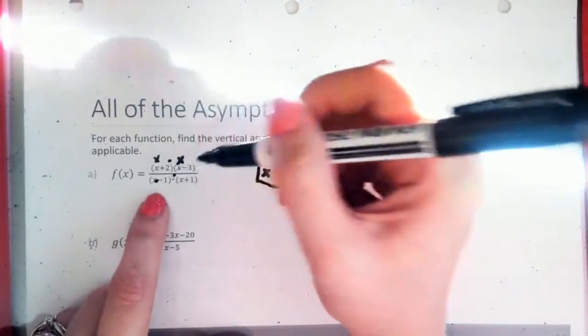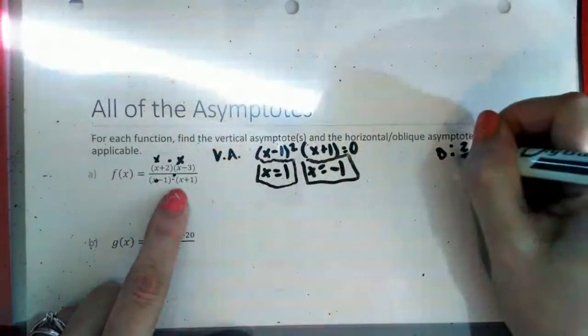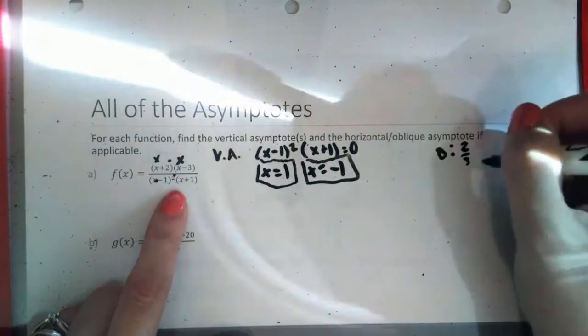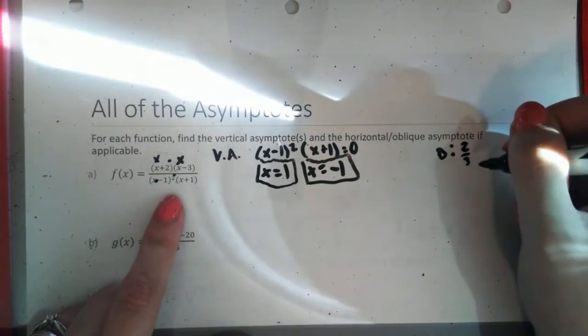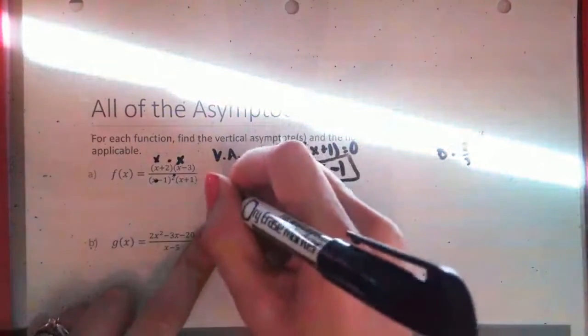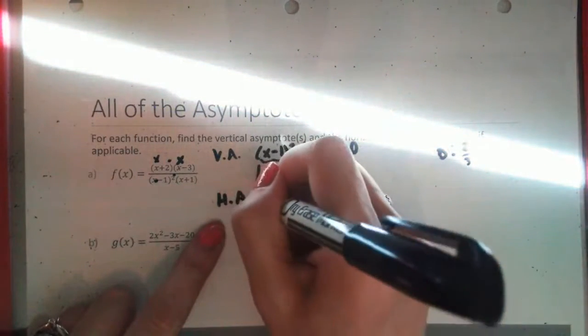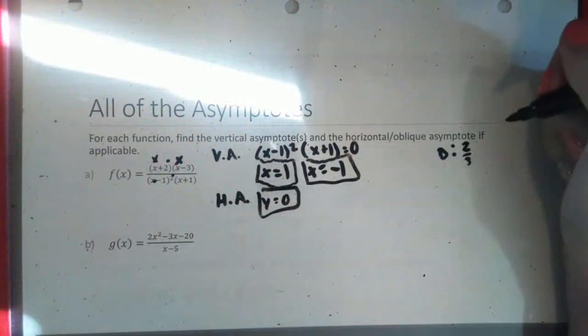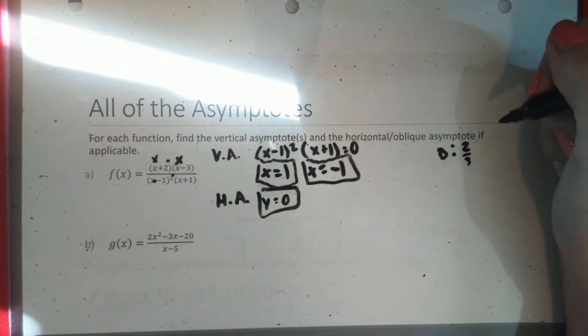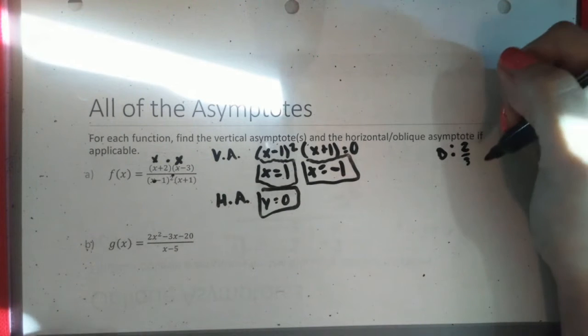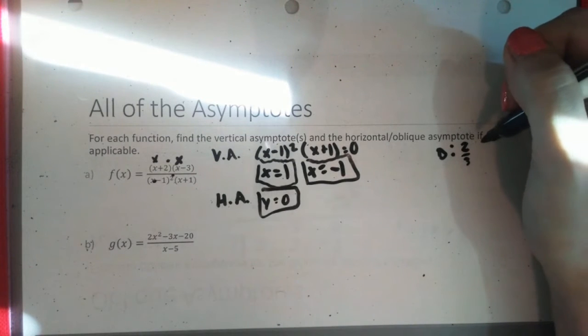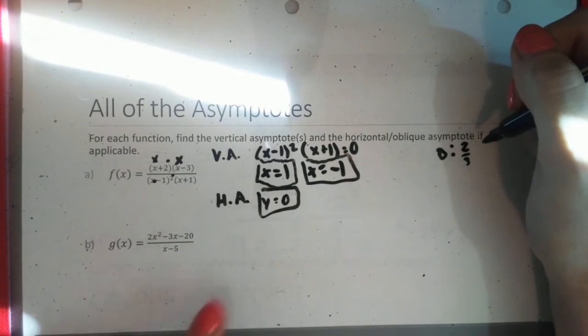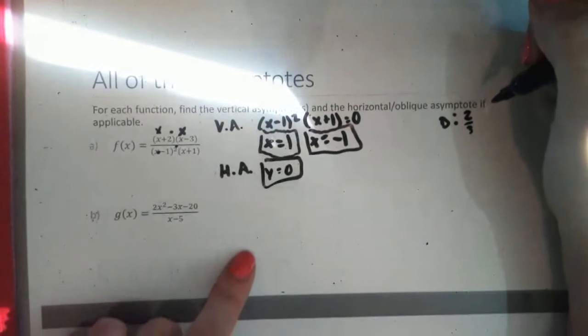Here we get x squared times x, so that would be a degree of 3 in the denominator. If the degree of the denominator is greater, our horizontal asymptote is at y equals 0. So again, because the degree of the denominator is greater than the degree of the numerator, we have a horizontal asymptote, and that is at y equals 0.